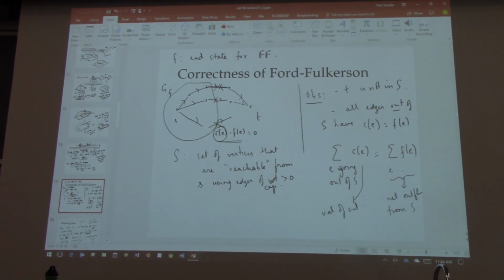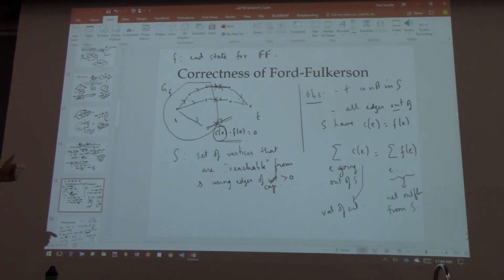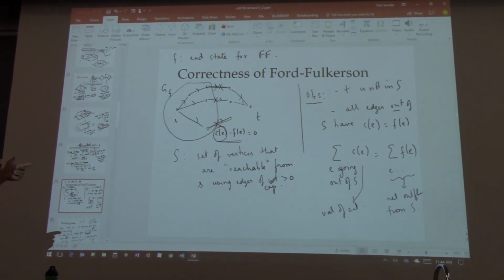So all I'm saying is, in some sense, if CE minus FE is equal to 0, then you can't send any more flow, right? So vertices outside are not reachable. So if we are to iterate over all the possible things, we will only iterate over edges where CE minus FE is equal to 0.